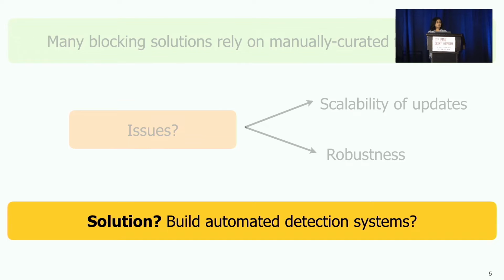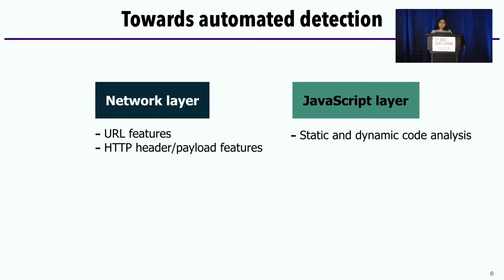So keeping these issues in mind, the research community has been looking towards building automated detection systems that are based on machine learning. Now, the previous automated detection systems looked either at the network layer features of ads and trackers such as URL or HTTP information, or they looked at the JavaScript activity by performing static and dynamic code analysis.